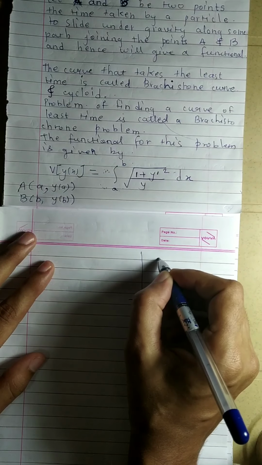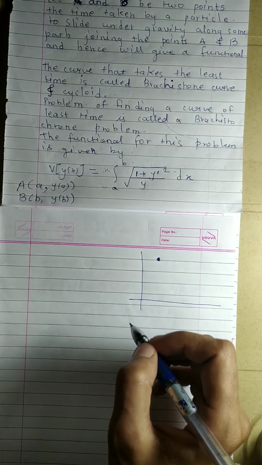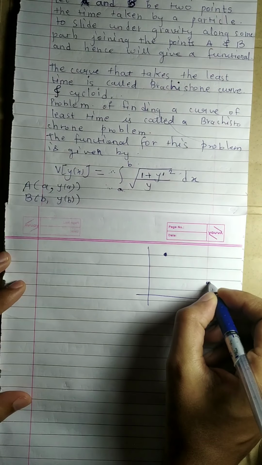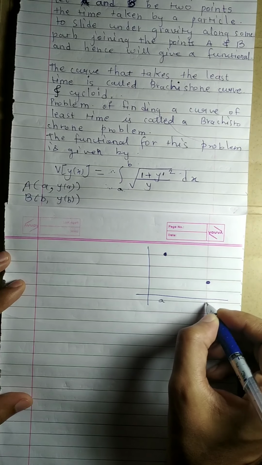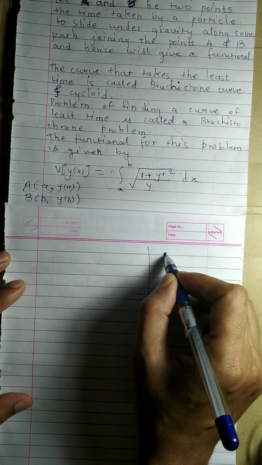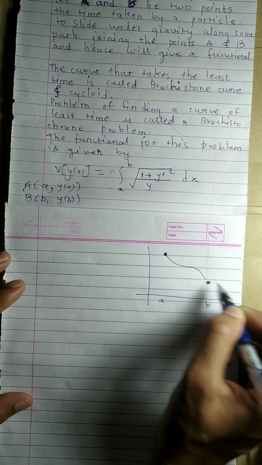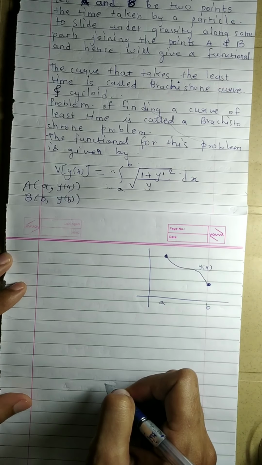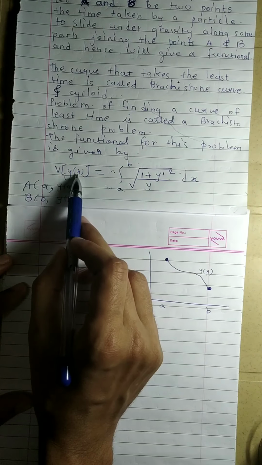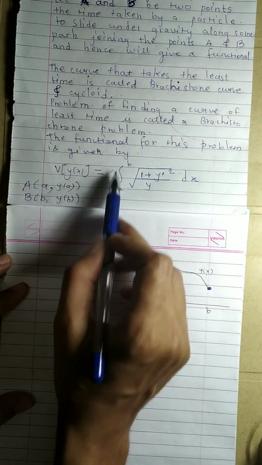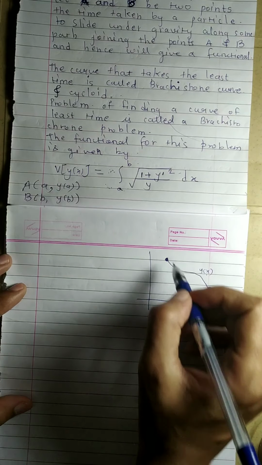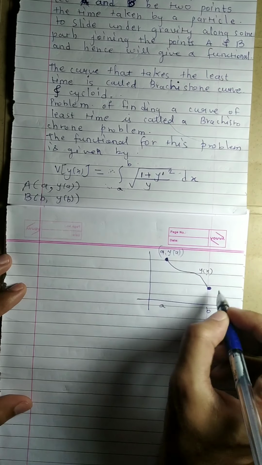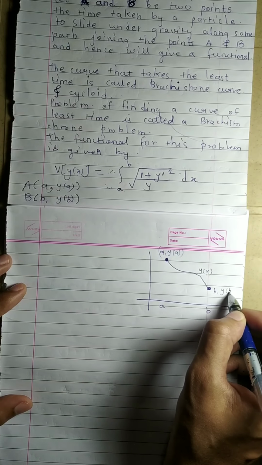We have one point here and another point here. That is A and B, and this is a curve, that curve is this y(x). For each y(x) we will get something. So this point becomes A, y(A), and this point becomes B, y(B).